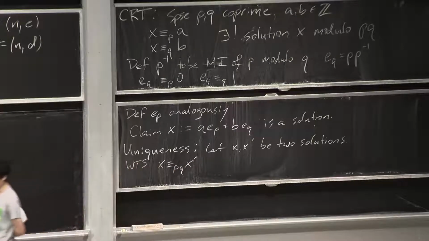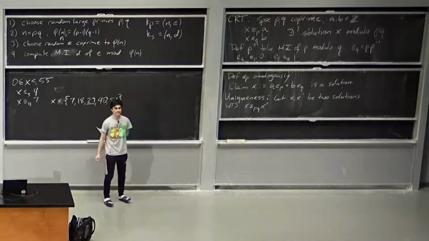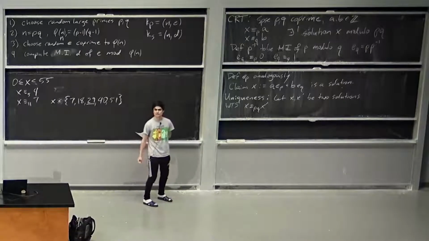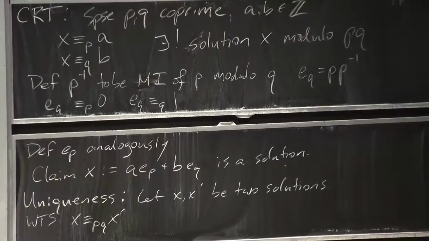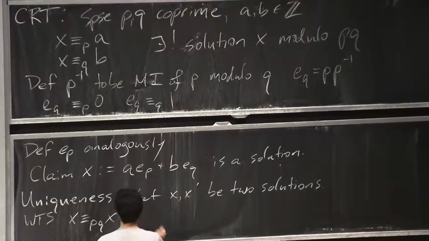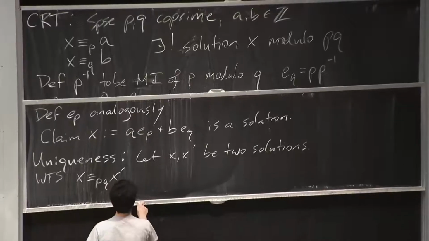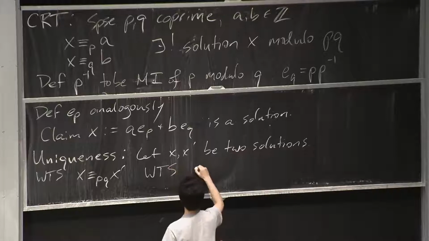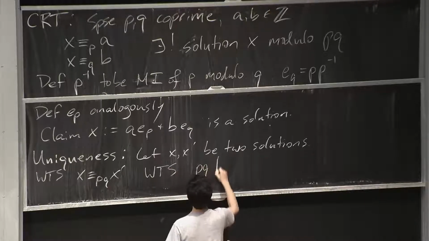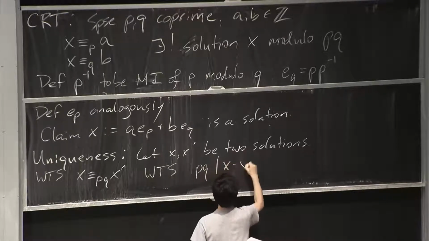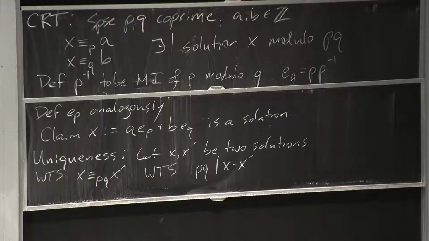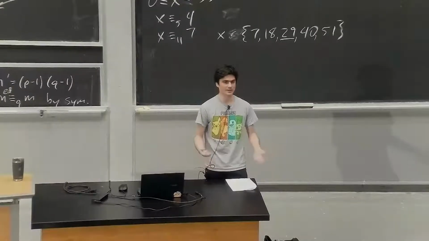How could we do this? Well, what is the definition of this equivalence? We could do this by showing that PQ divides x minus x prime. In order to do that, we can look at P and Q separately.